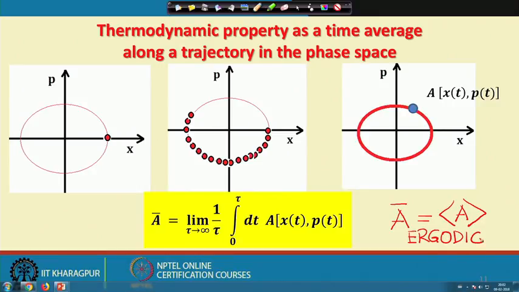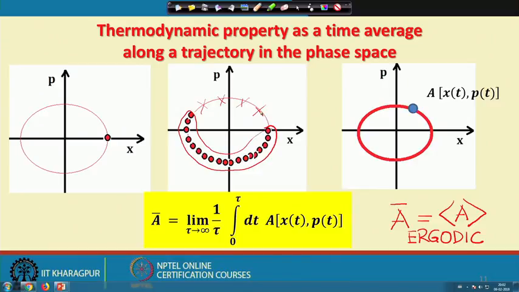So, we are not going to discuss this in much detail, but as you understand, if you have a non-ergodic system, then what will happen is, for some reason the system will sample only say this part of the phase space and will never go to points like this.